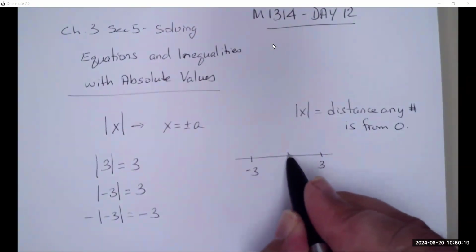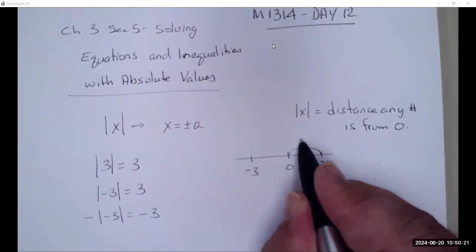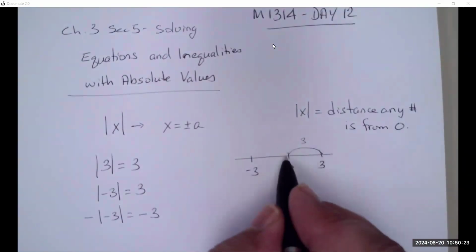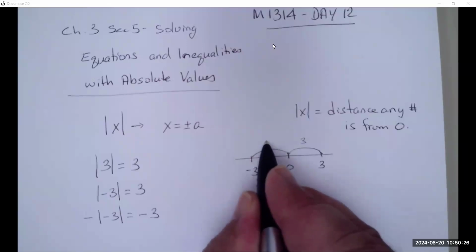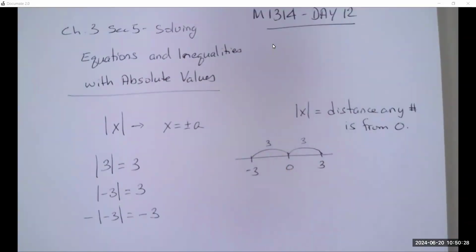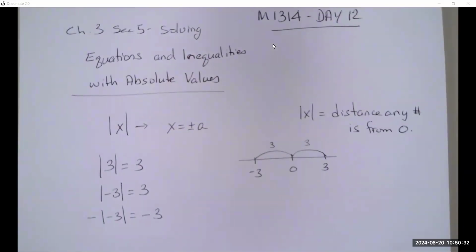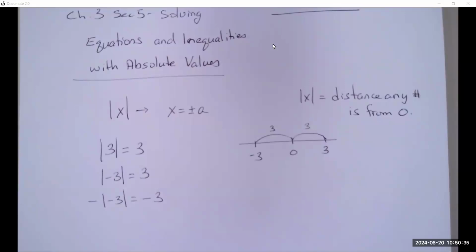So the number 3 is 3 units away from 0. So is the number -3. It's also 3 units. So that's what the absolute value does. It takes whatever direction we have, positive or negative, and makes it into a positive.